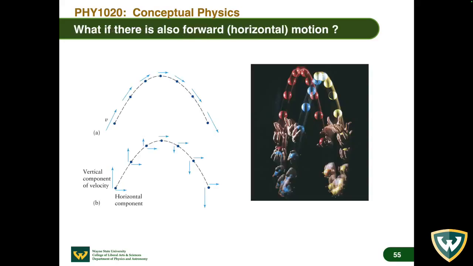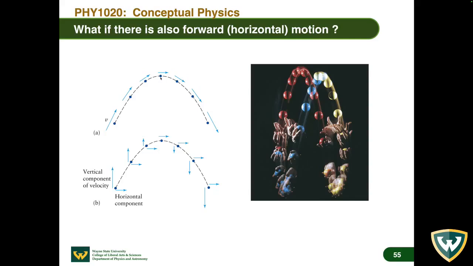Now, we can make this a little more interesting. So far, we've assumed that the ball is going straight up, straight down. Now if we play baseball, we're not just moving up and down, we're actually also on a baseball field, so we can throw the ball in some direction. And so that means that balls that we throw will in general have this kind of motion. They will go up, reach some maximum height.